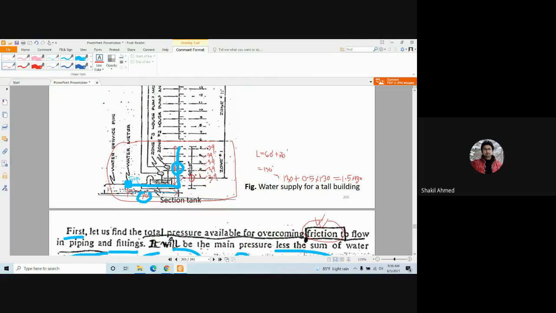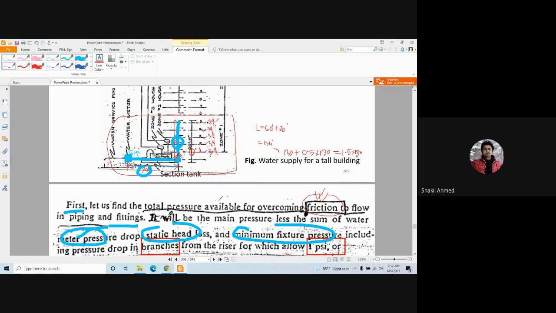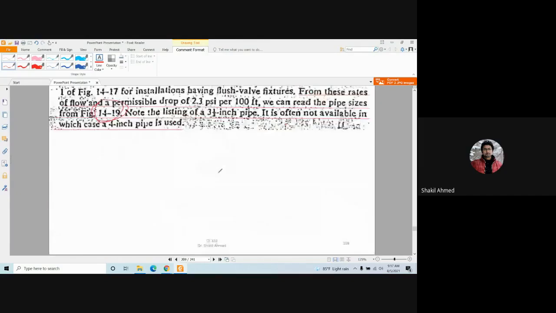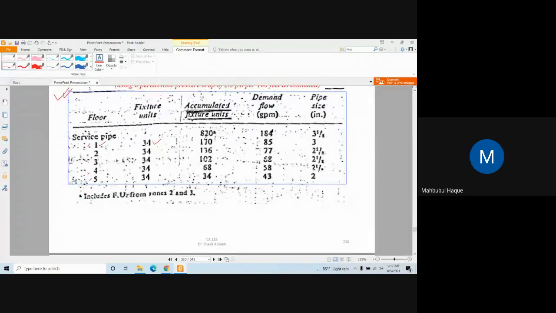Am I right? Yes, sir. So what is the total requirement? 34 for floors 1, 2, 3, 4, 5. 5 into 34. Am I right? Yes, sir. And that is 170.